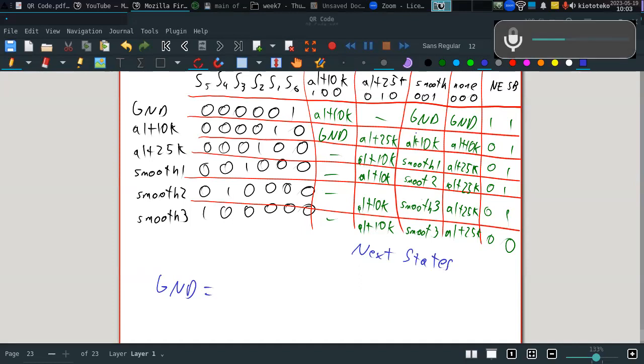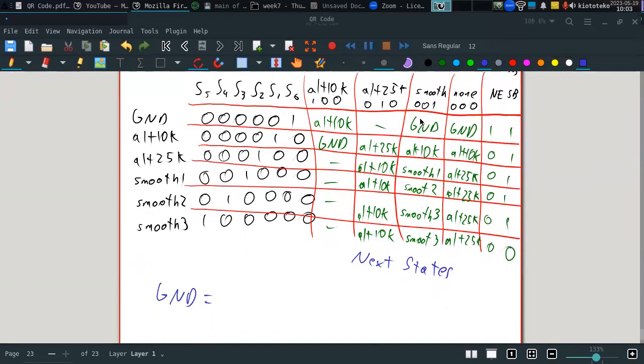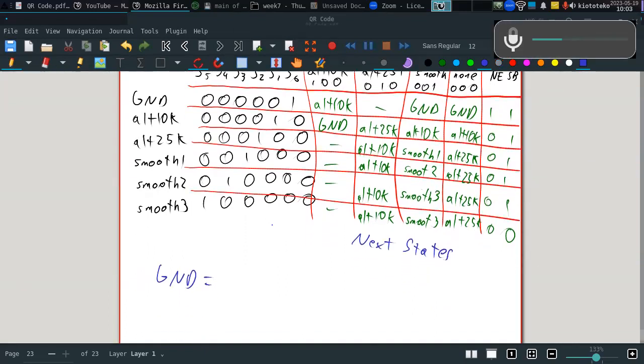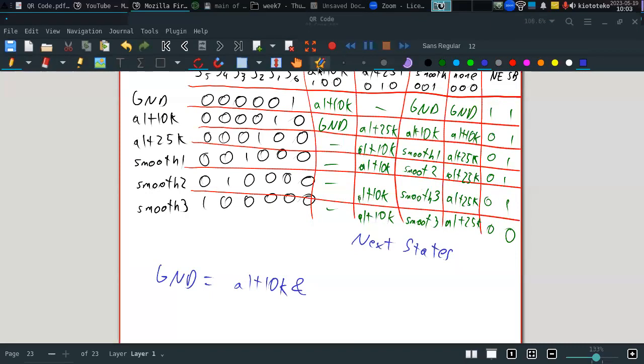So, for example, for ground, you go to ground when you are in state 1, well, in Alt 10K, and you receive the Alt 10K input, no?